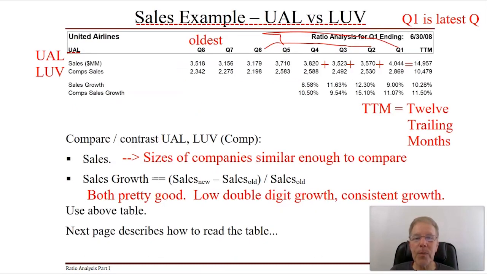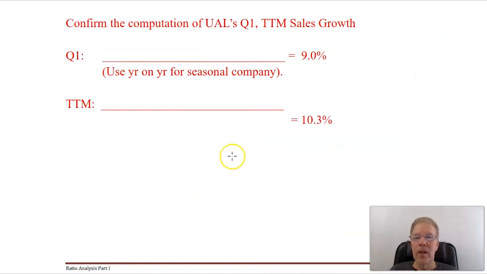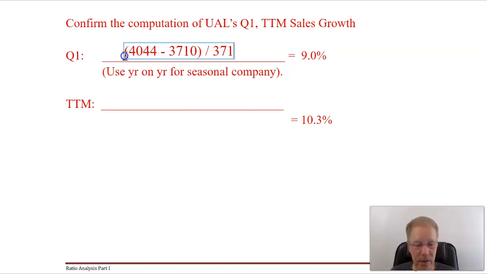Remember our definition for sales growth: we want new minus old, quantity divided by old. So for UAL, I want 4044 minus what's old. Remember, I have to compare Q1 to Q5, so that's going to be 4044 minus 3710. Okay, so that's new minus old, divided by old.